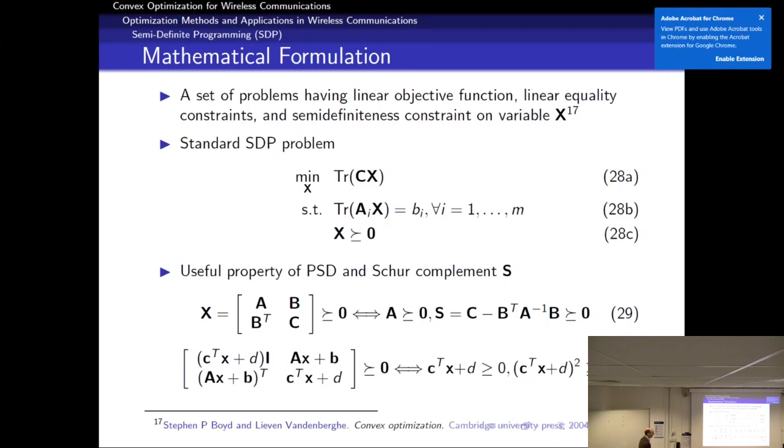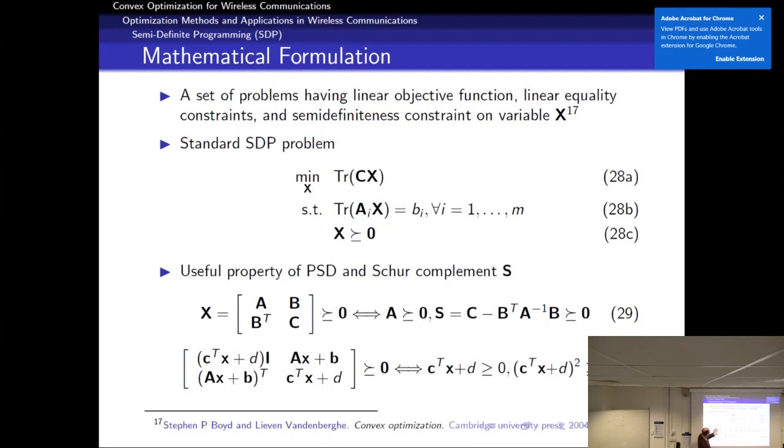It says the following. If you have a matrix that you can write into blocks where you have some symmetry here, you have B and B transpose, and you have A and C, well, this matrix will be semi-definite positive if this block A is semi-definite positive, and if you have this transformation, this quantity, that is obtained by taking C minus B transpose A inverse B, if this quantity is positive as well.